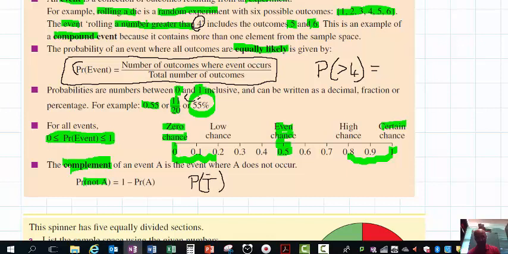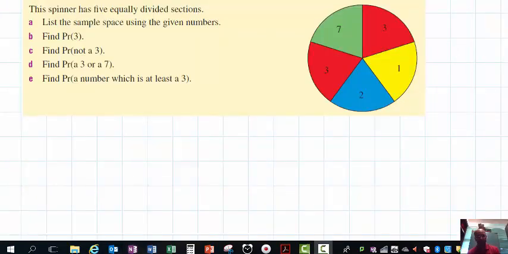So the probability of a not tail would be T with a little bar on the top, or it could be probability of the T with a little dash there. That means complement, and that would be 1 minus the probability of getting a tail on the coin. Okay, so that's complement, and it's all of the other outcomes.